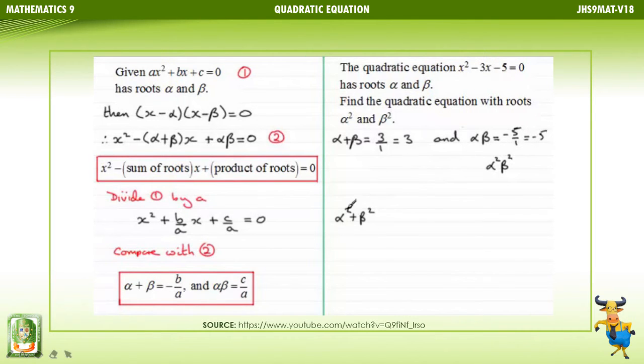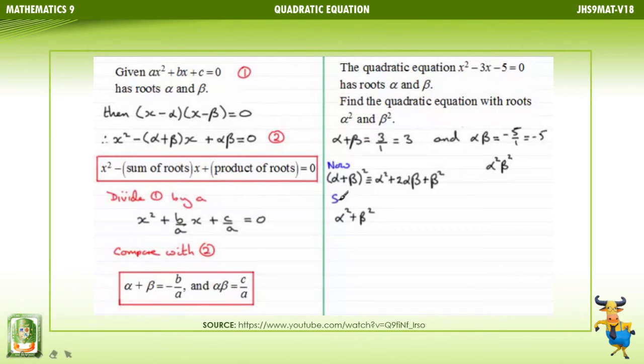Now, to get alpha squared plus beta squared, what we need to do is turn to an identity, and that identity is alpha plus beta all squared. If we were to expand that bracket, it is alpha squared plus 2 alpha beta plus beta squared.